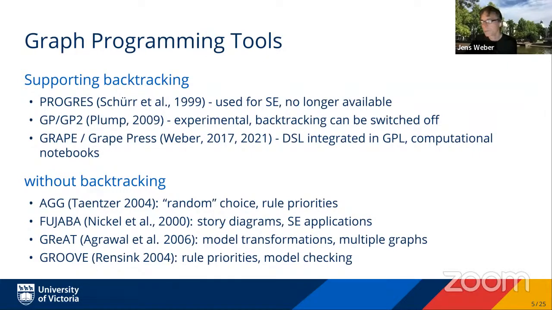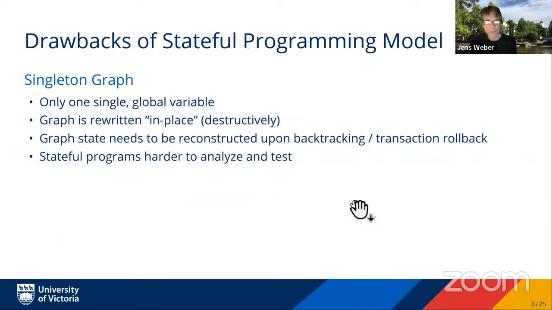So my experience in general from these actual implementations is that if you implement a mechanism like backtracking that allows you to ultimately reconstruct previous graph states to explore other possible graph states, these mechanisms are quite complex and difficult, and the graph programs are fairly hard to analyze with the stateful computational model.